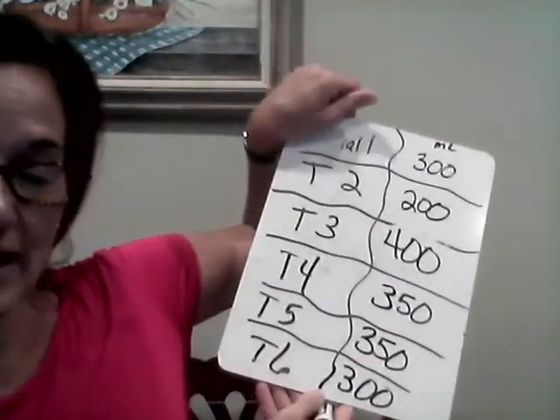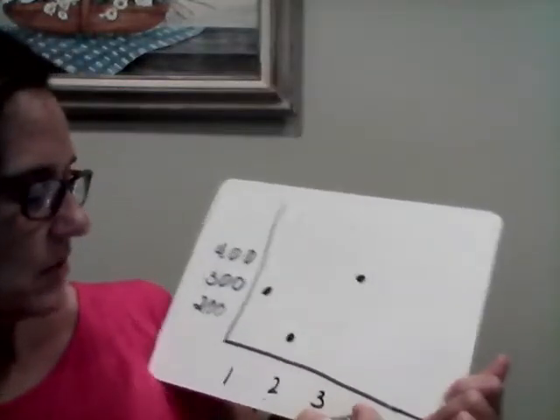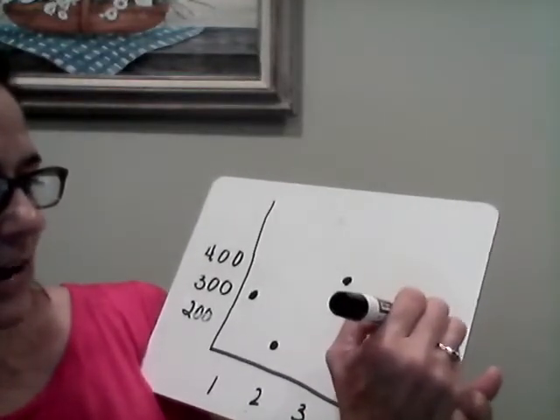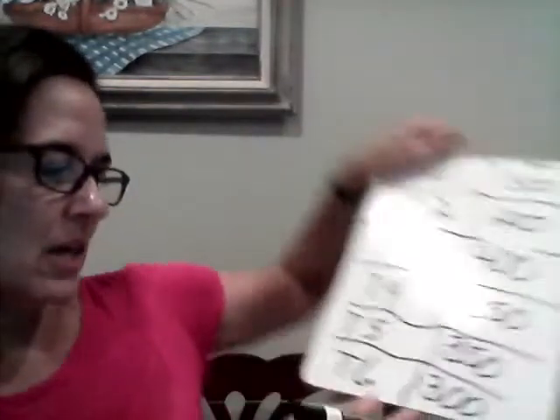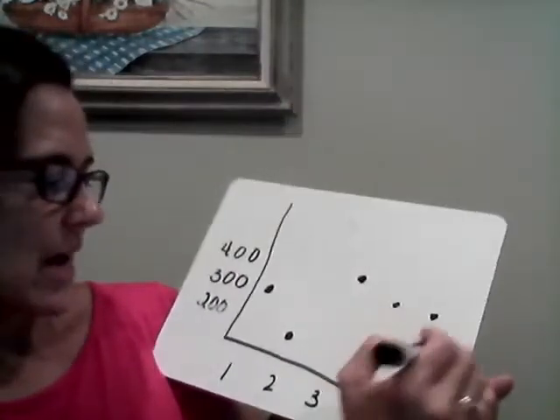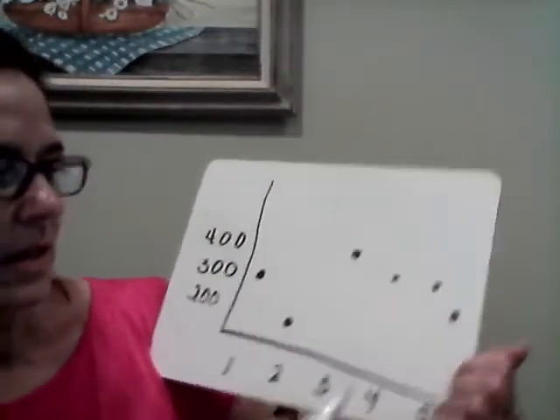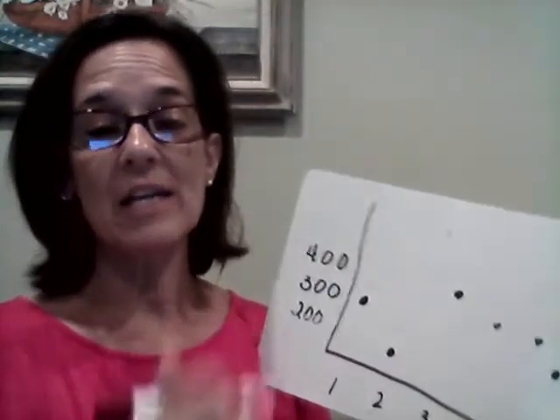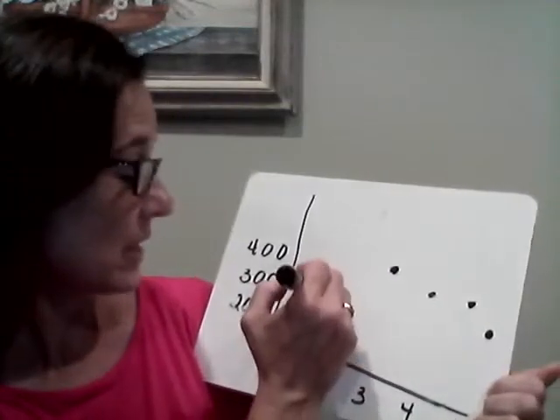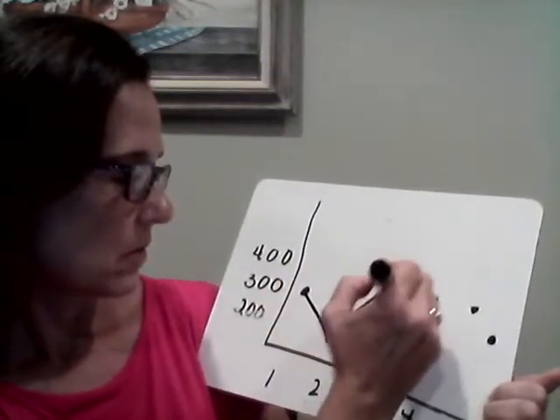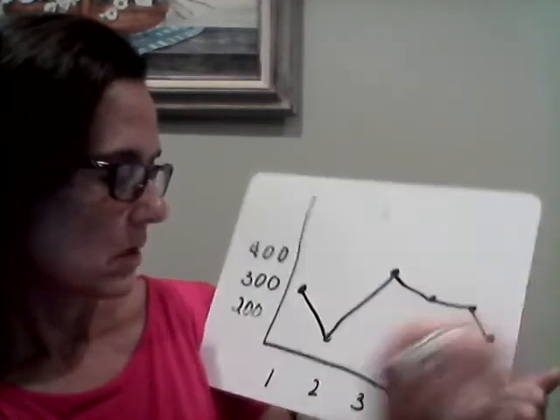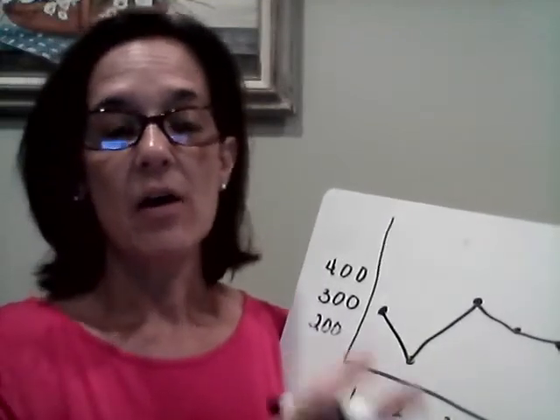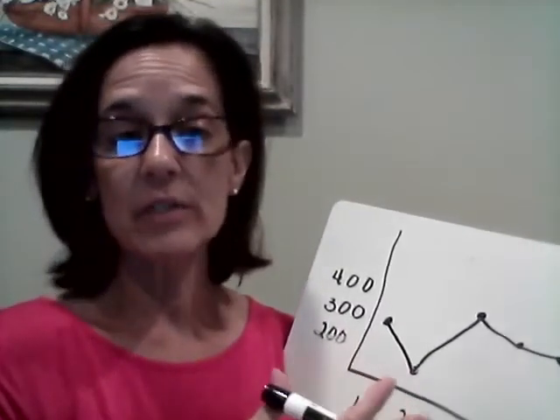In trial 4 and 5, we had 350. So in trial 4, we're here in the middle. And in trial 5, we were also there in the middle. And then in trial 6, we were at 300. And so now that we have the points plotted, then we could connect them. So we connected. Okay. And so then we have a line graph of the data that we recorded.